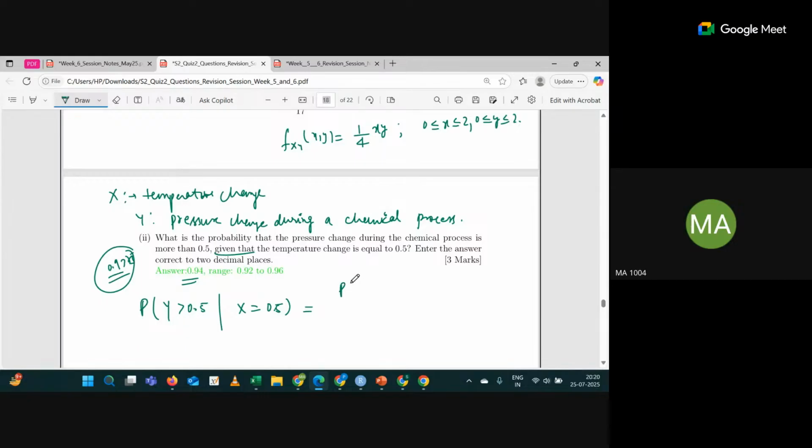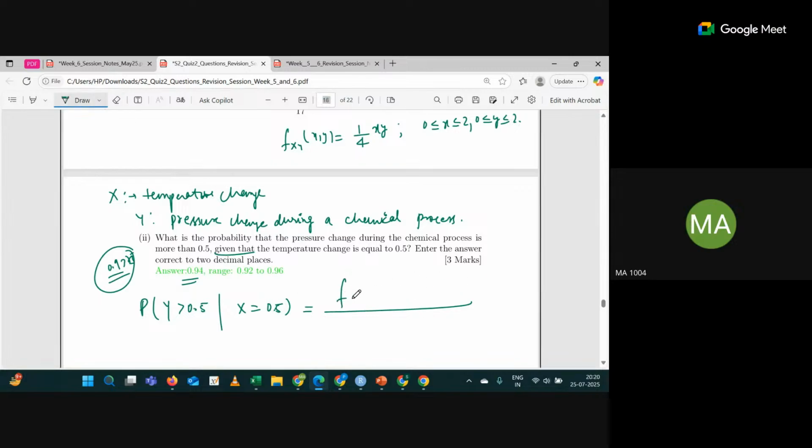Basically, I can write probability y is greater than 0.5 at x equal to 0.5, in the numerator part. Let's write it like this.